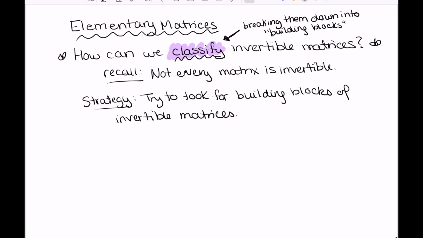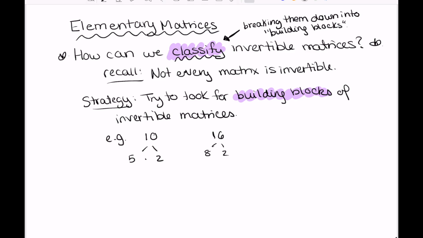So, for example, if you consider whole numbers, they have building blocks, which we call the primes. If we take the number 10, it has building blocks 5 and 2, because we can multiply 5 and 2 together to get 10.